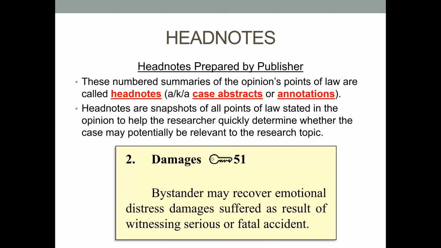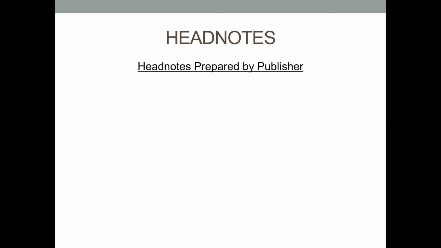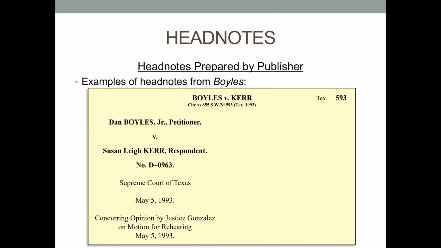So here on the screen is an example of a head note, and it's actually head note number 2 to the Boyles versus Kerr case. But we'll look at that in more detail in a second. So let's go back to the actual Boyles versus Kerr opinion as it would appear in the Southwestern Reporter. Now, in the Southwestern Reporter, the text on each page is divided into 2 columns.